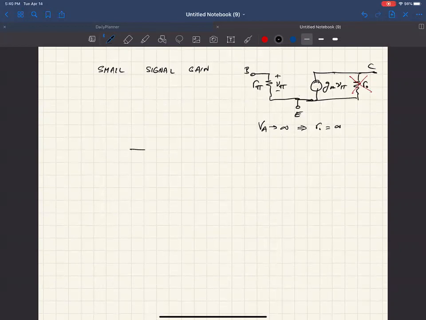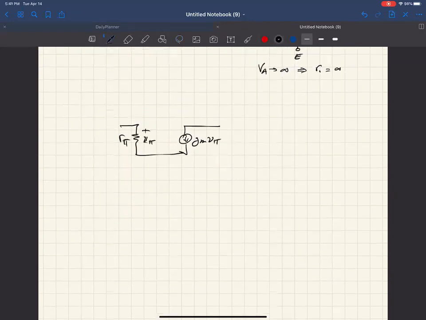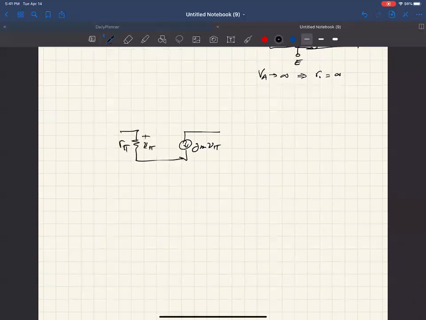So we would end up having R sub pi, V sub pi plus minus, g sub m V sub pi, and then we put in the R sub C here, because this is the collector.